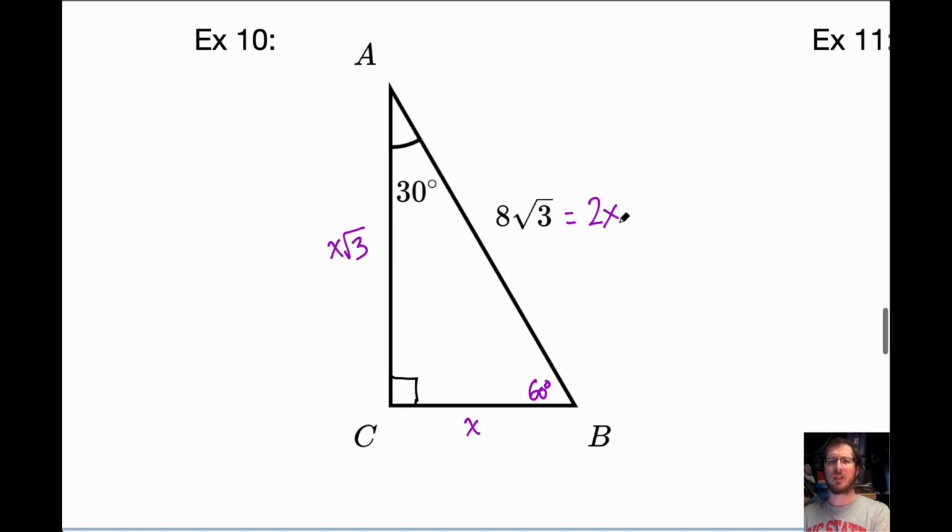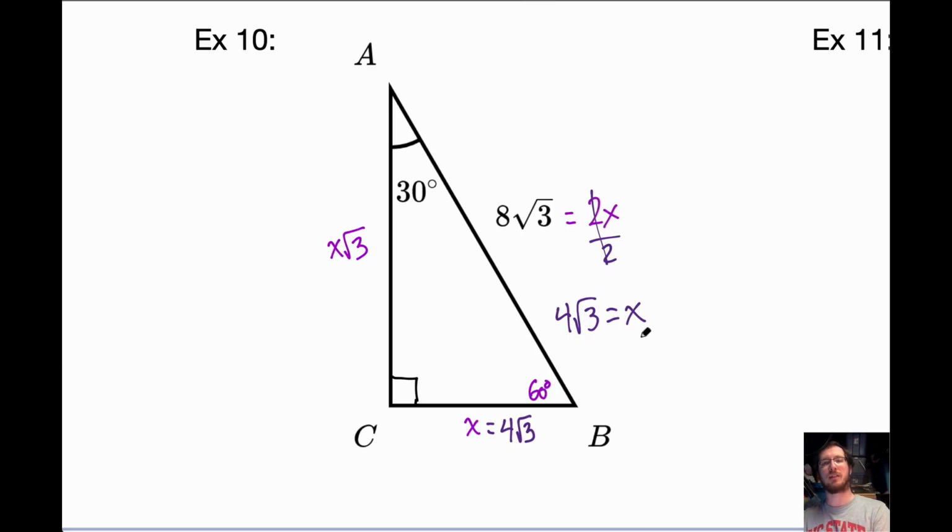Okay, so if 8 root 3 is 2x, to get that x by itself, I'm going to divide both sides by 2. So that's going to leave us with 4 root 3 as our x value. So x equals 4 root 3. And again, our hypotenuse is still that length there, 8 root 3.